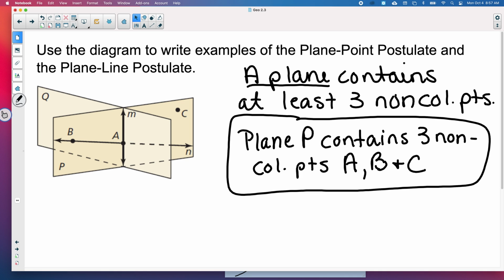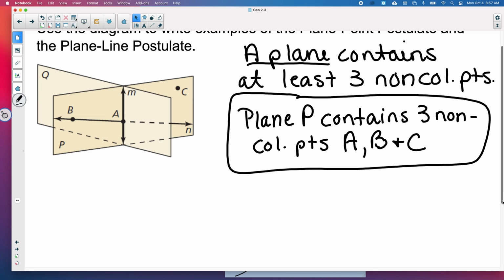And then for the plane line postulate, it says that if 2 points lie in a plane, then the line containing them lies in the plane. So instead of saying if 2 points, pick 2 points that lie in the plane that you could draw a line through. From that picture, do you see 2 points that have a line through them?